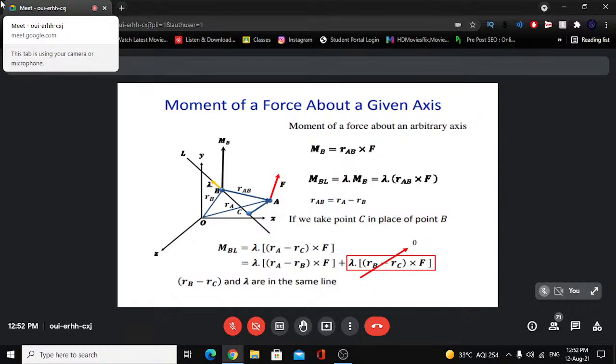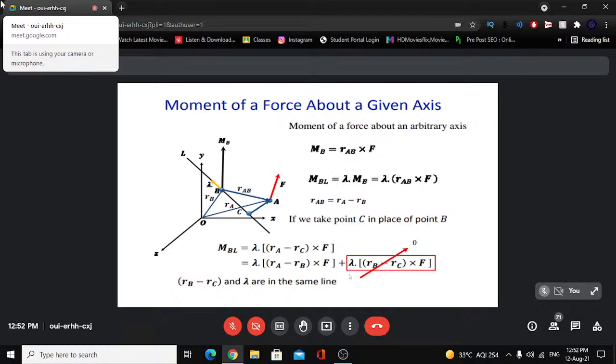It is not 0 as such, but rather the cross product will be perpendicular to this. So when we do the cross product of this, we get a vector perpendicular to it. So the normal vector lambda dot this perpendicular vector will be 0. So this entire triple product will be 0.